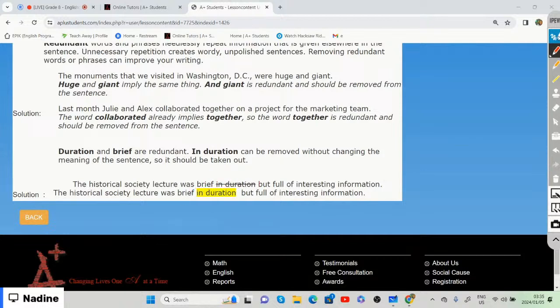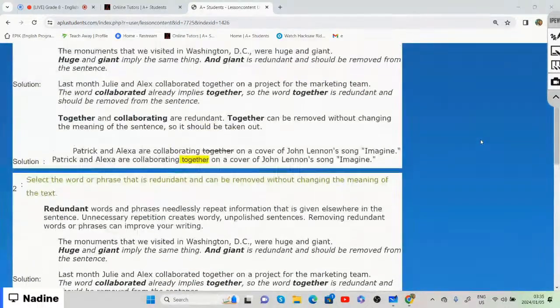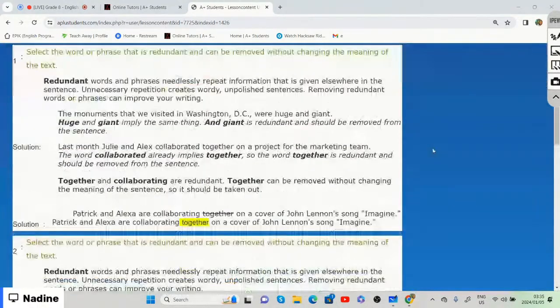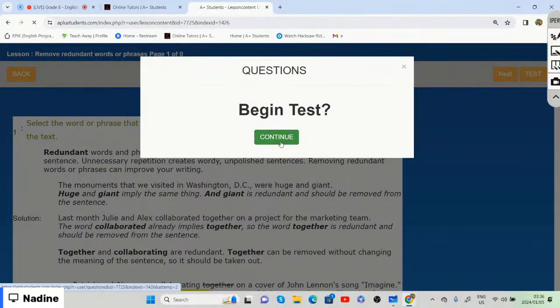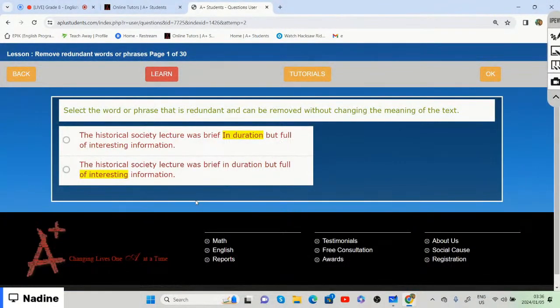All right, so now we're going on to our test, where we are going to remove redundant words and phrases. We need to select the word or phrase that is redundant and can be removed without changing the meaning of a text. The historical society lecture was brief in duration but full of interesting information.